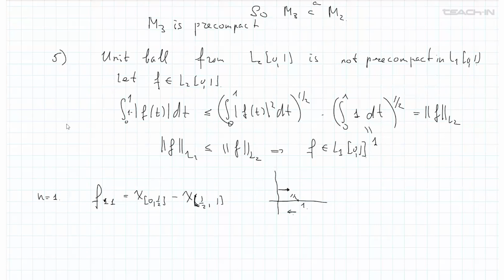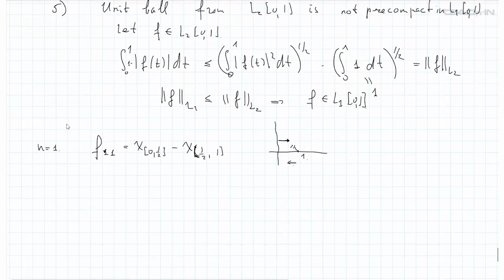Then for n=2, and for arbitrary n, what do we construct?